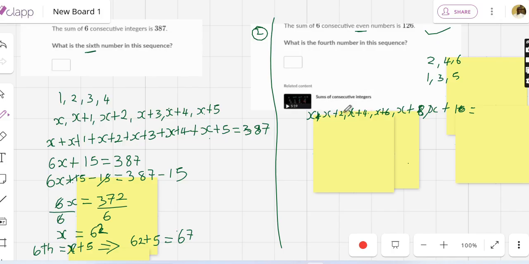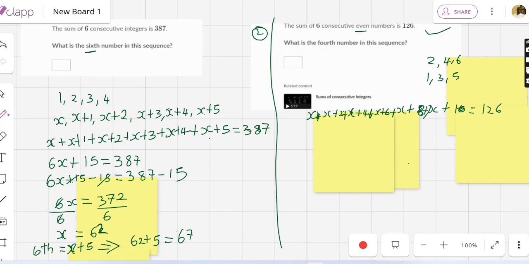Add them. So when you add them, you equate them to what? 126. Let's see how it's going to be now.